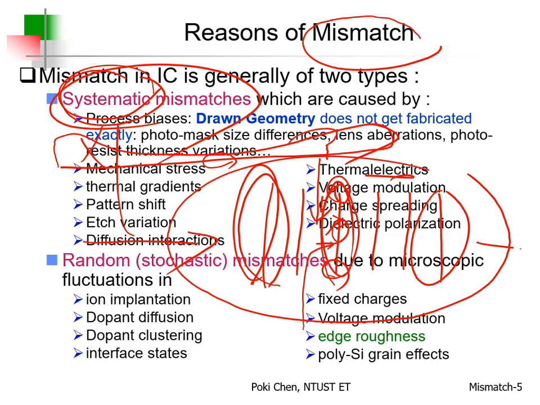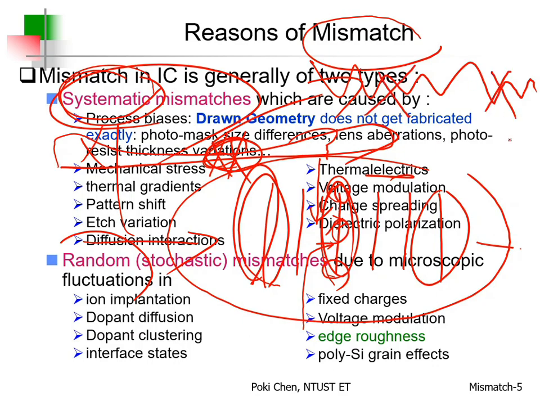On the contrary, we have the other kind called random mismatch. So if you zoom it in, even in the middle, don't tell me two transistors here will have the same thickness. Oh, sorry for that. As I mentioned, if you zoom it in, okay, you will see a lot of roughness. All right, so I'm here, you are there.